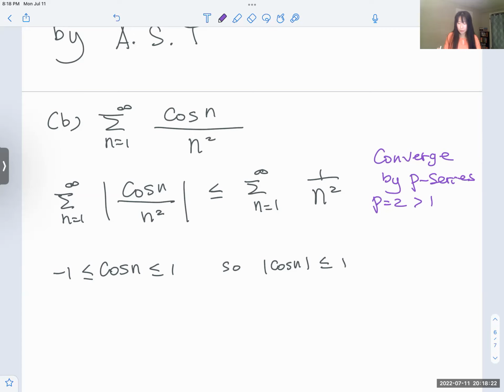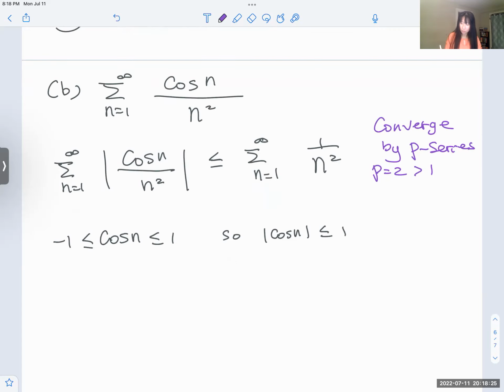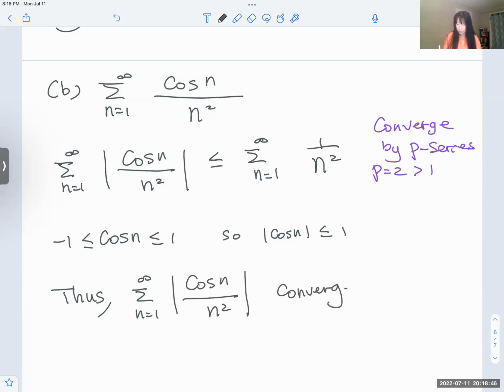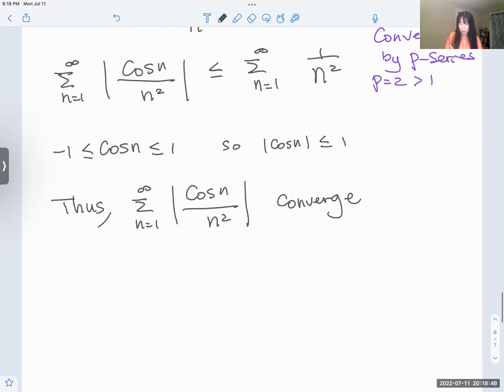Okay, so we can conclude thus it converges by the comparison test. Not limit comparison test, the comparison test.